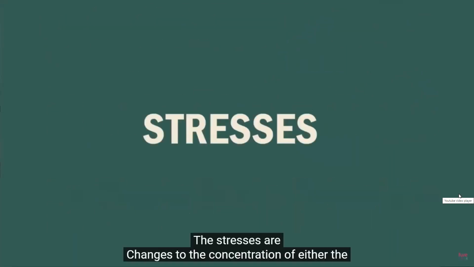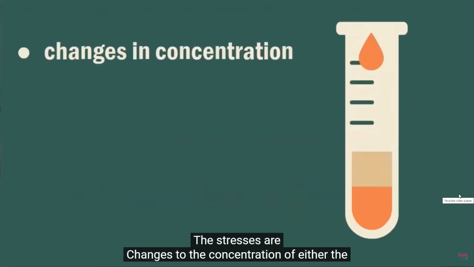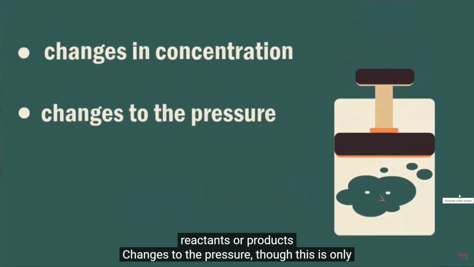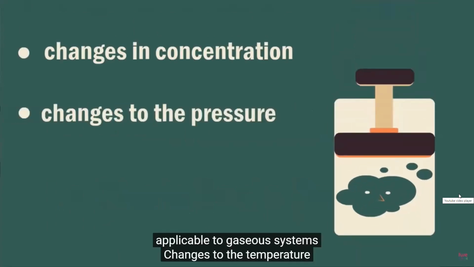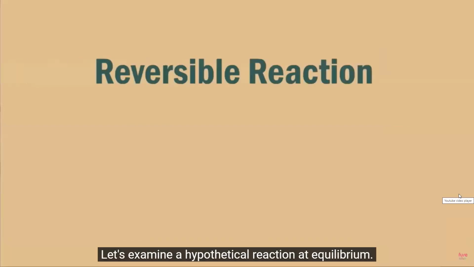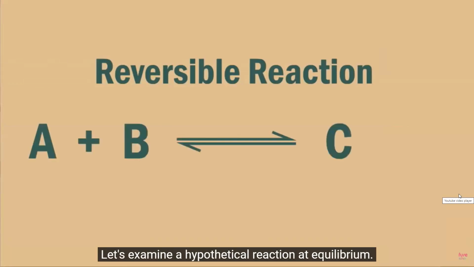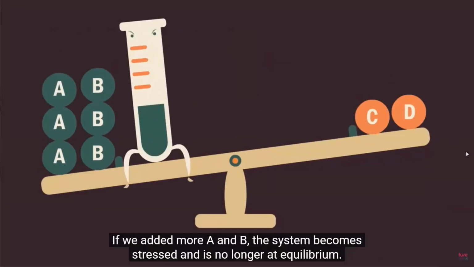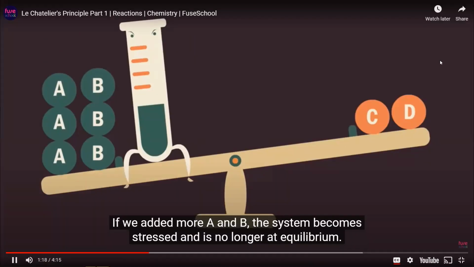The stresses are changes to the concentration of either the reactants or products, changes to the pressure, although this is only applicable to gaseous systems, and changes to the temperature. Let's examine a hypothetical reversible reaction at equilibrium where reactant A reacts with reactant B to form product C and product D. If we added more A and B, the system becomes stressed and is no longer at equilibrium.